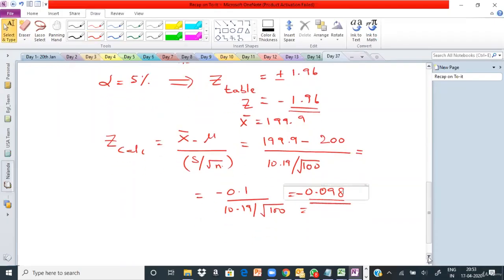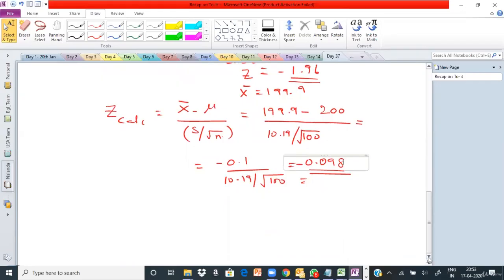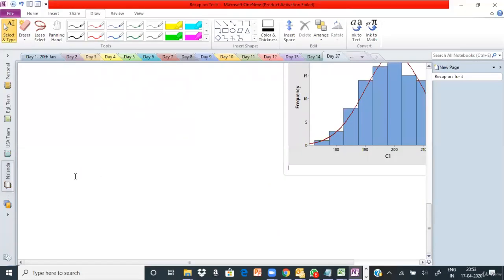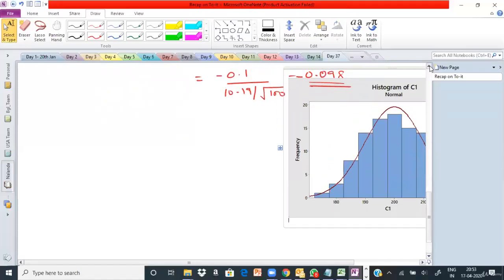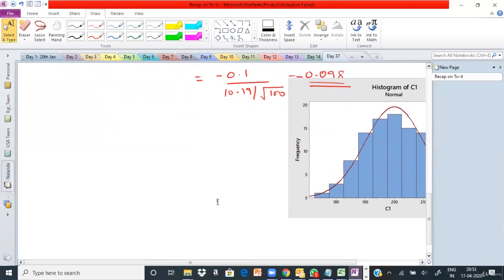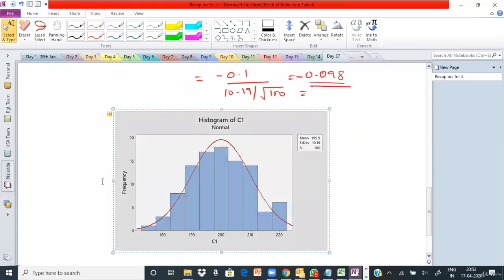Okay, friends. Now, let me draw the picture. Same picture. Okay, the same picture.